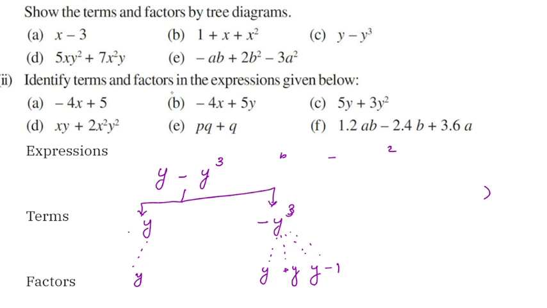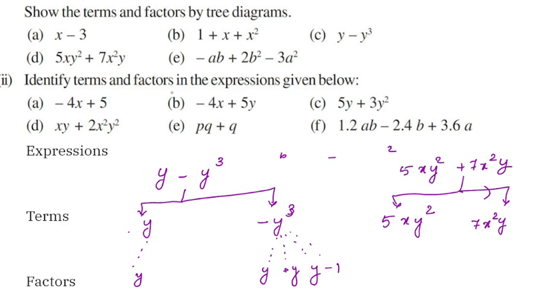Now what is the next question? D: 5xy square plus 7x square y. How many terms are there? Yes, 2 terms: 5xy square and 7x square y.